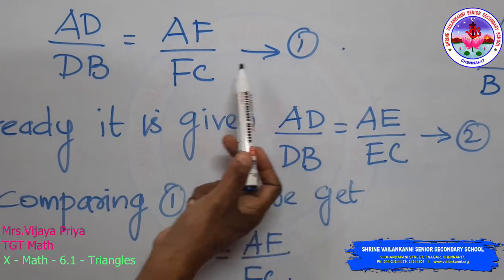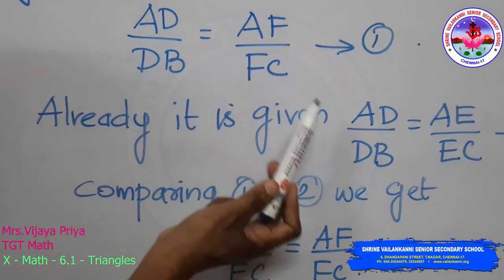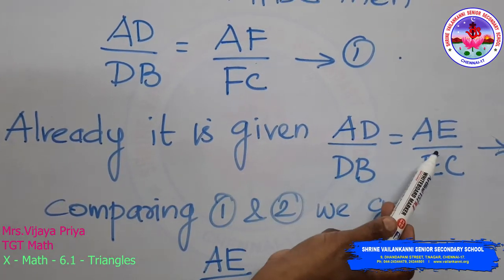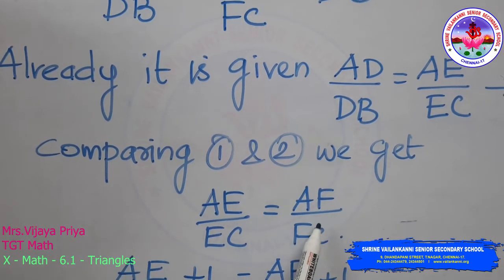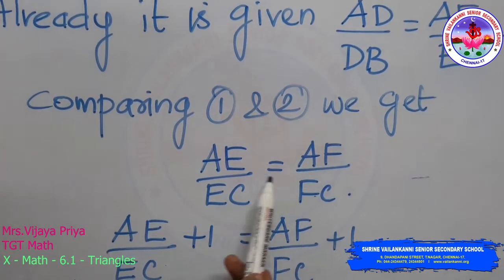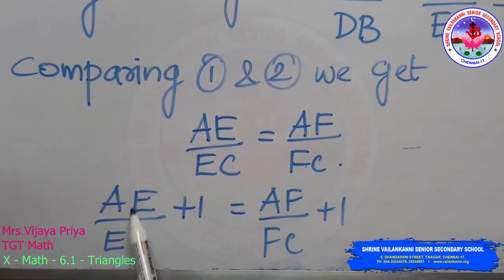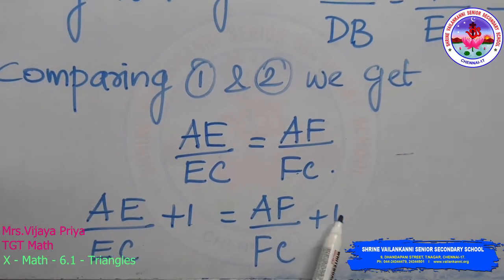So through the statement we have AD by DB is equal to AE by EC, calling this equation 2. So now you see, comparing 1 and 2, the left hand sides of both equations are equal. So automatically I can equate the right hand sides as AE by EC is equal to AF by FC. Here I am adding 1 to both sides of the equation. AE by EC plus 1 is equal to AF by FC plus 1.